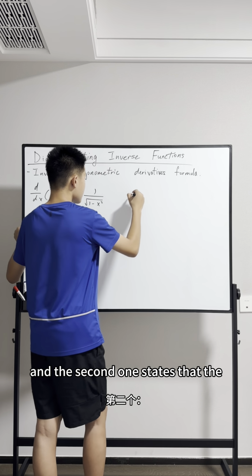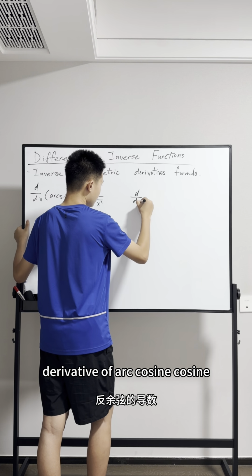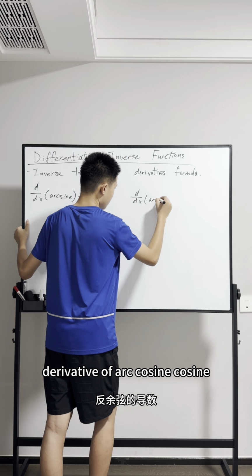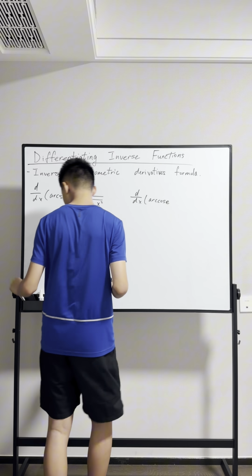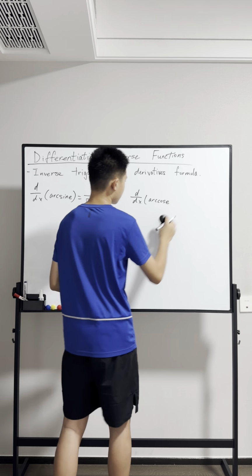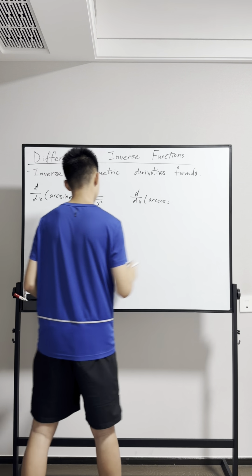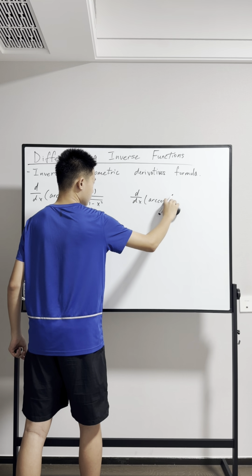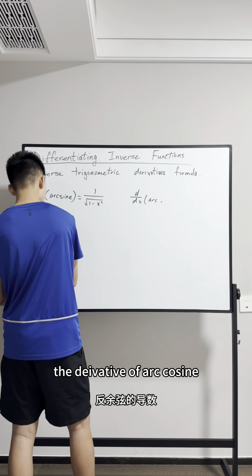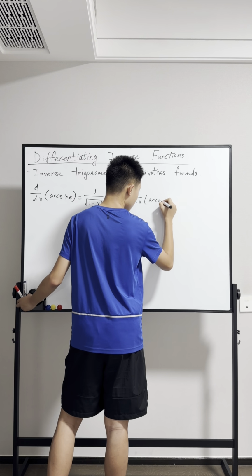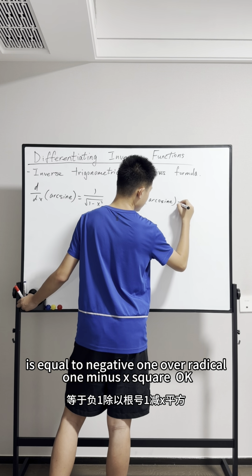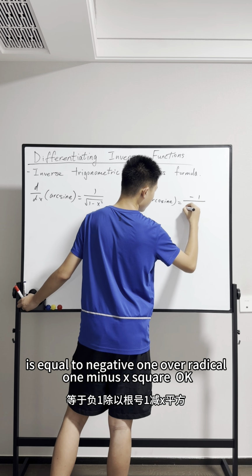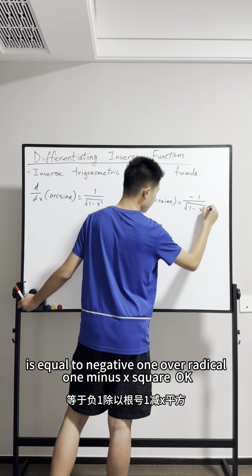And the second one states that the derivative of arc cosine is equal to negative 1 over radical 1 minus x squared. Okay? So let's start with the first one.